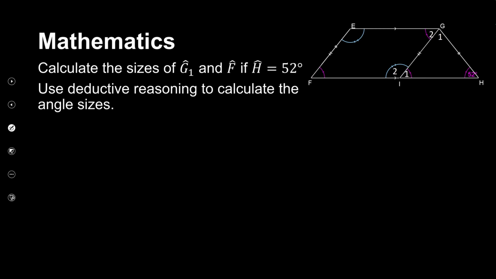So to write this down using deductive reasoning, I will start by saying, I know that angle G2 is equal to angle I1, and the reason for this will be alternate angles, and that was because I know that EG, not EF, sorry, EG, because we are not yet talking about EF, EG is parallel to FH, right?